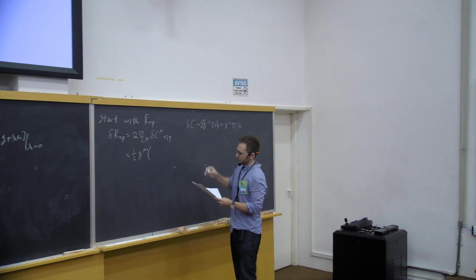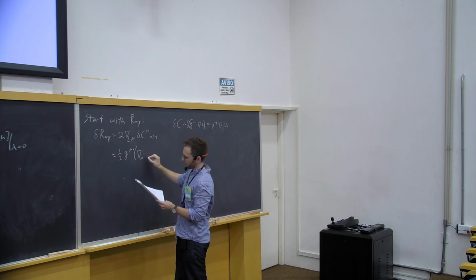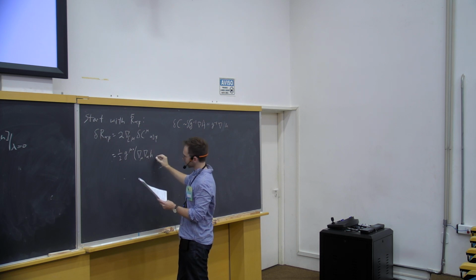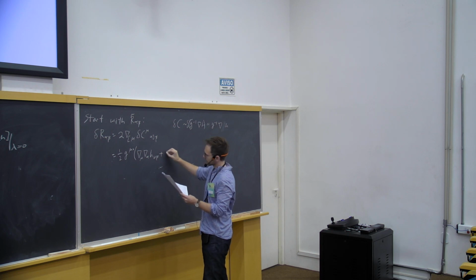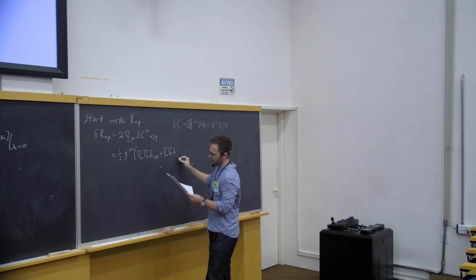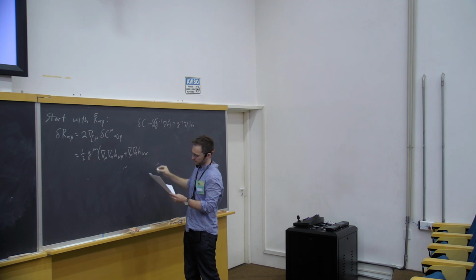So if we carry this delta through, then we've got grad mu, grad alpha, H nu beta, plus grad mu, grad beta, H nu alpha.